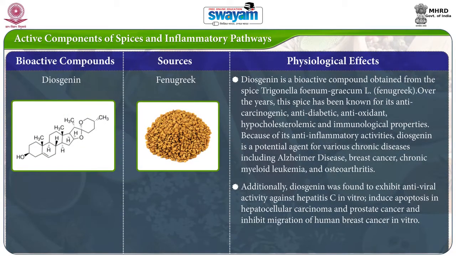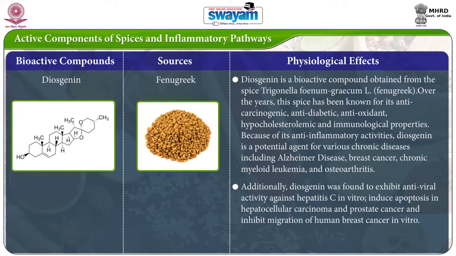Diosgenin is a bioactive compound obtained from the spice Trigonella foenum-graecum, or fenugreek. Over the years, this spice has been known for its anti-carcinogenic, anti-diabetic, antioxidant, hypocholesterolemic and immunological properties. Because of its anti-inflammatory activities, diosgenin is a potential agent for various chronic diseases including Alzheimer's disease, breast cancer, chronic myeloid leukemia and osteoarthritis.